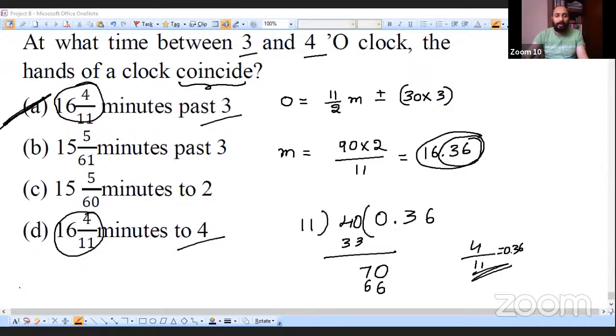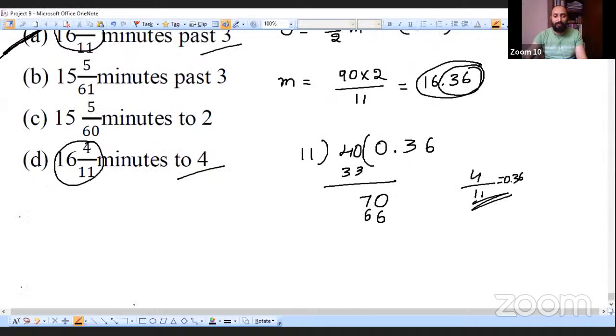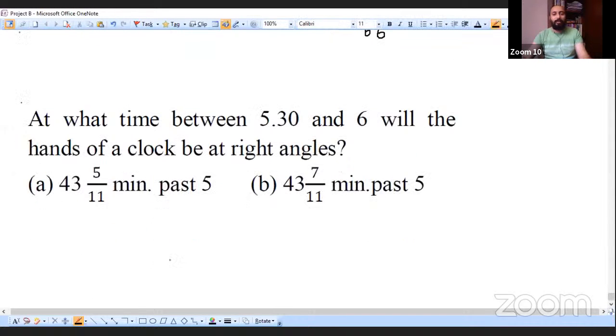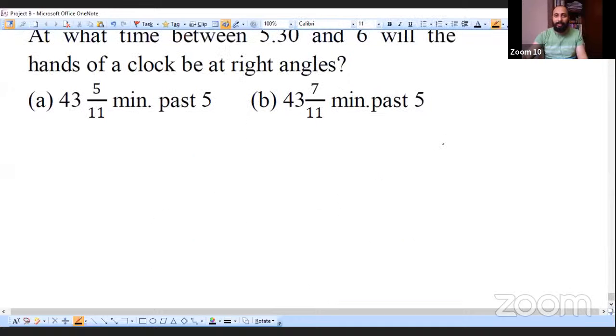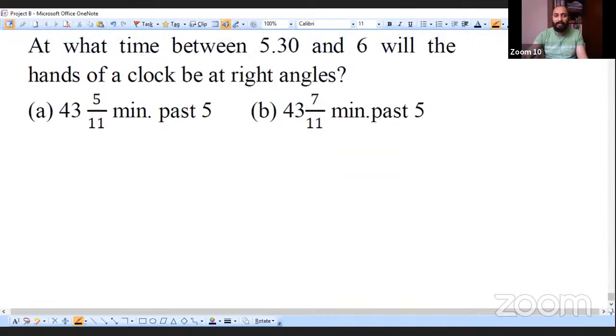Now again, a right angle is given and they have given something very peculiar. This is slightly different. You have to think a little bit more for this next problem. Between 5:30 and 6 they are asking. So how will you do this problem for me, people? Come on.